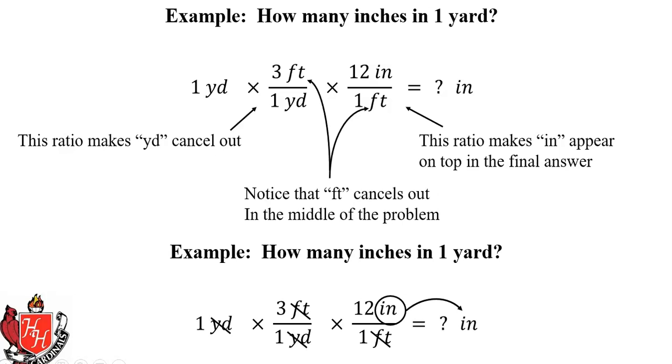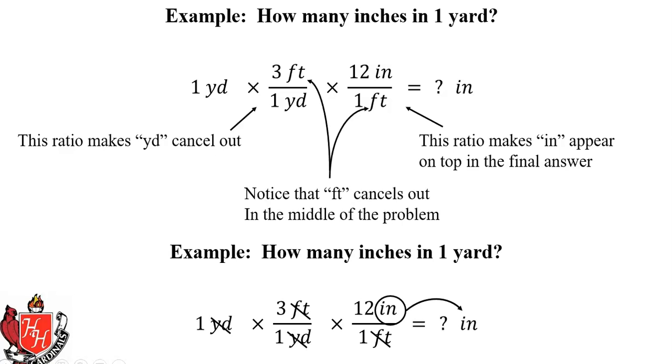So let's look at this. So this ratio, the one on the left, makes yards, YD, cancel out. 1 yard and there's yard on the bottom. The one on the right makes inches appear on the top in the final answer. And you'll notice that the feet cancels out in the middle of the problem. You have feet on top and feet on bottom.